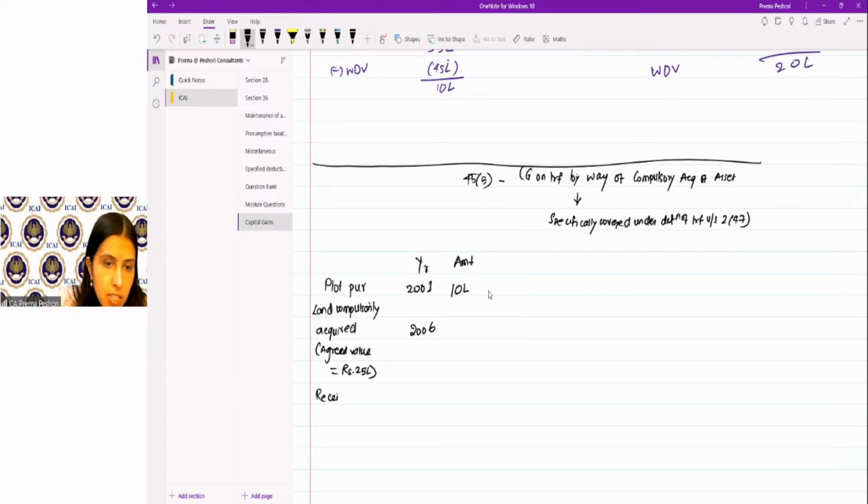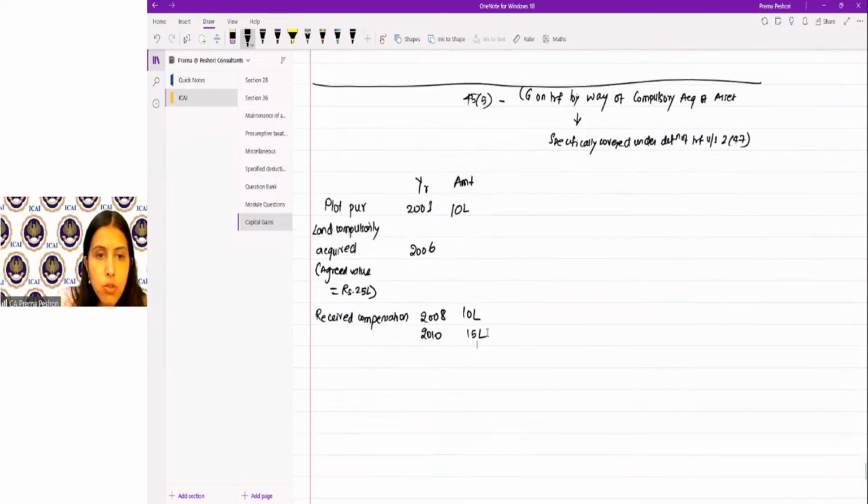Let's say I received the compensation in two parts. 2008, I received 10 lakh. 2010, I received 15 lakh. I was not happy with the compensation, so I filed a dispute and received enhanced compensation.